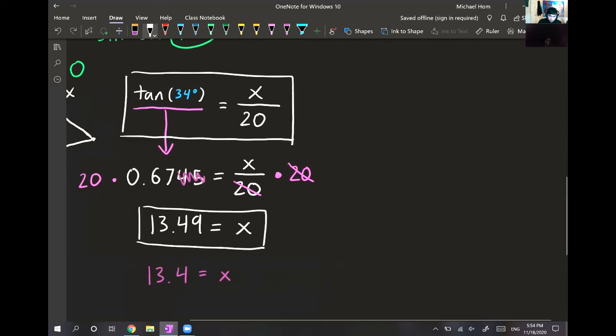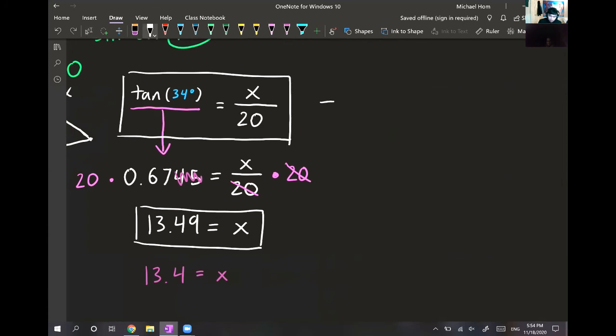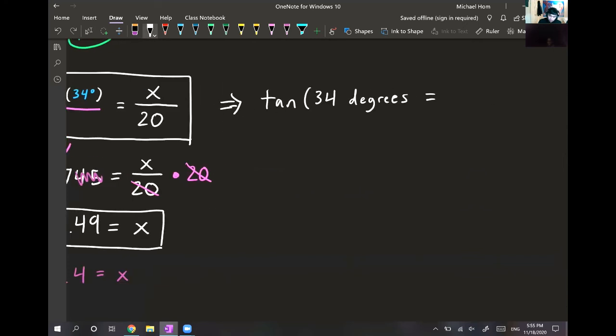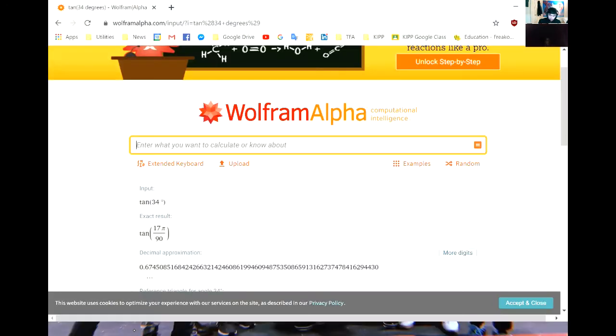So, in computer language, the way you type this is tangent of 34 degrees equals, oh, missing parentheses, equals x slash 20, right? The slash means divide. So that's actually what I'm going to type here.